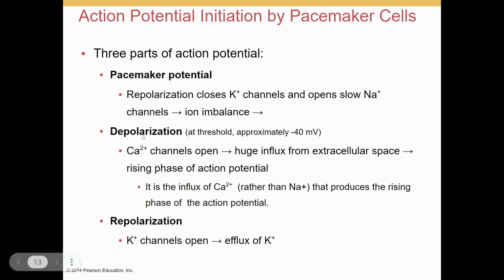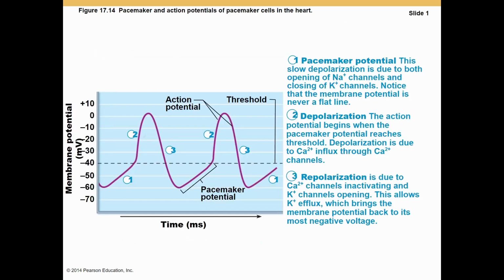Once threshold is met, we get depolarization, calcium channels open, and it's actually going to be a huge influx of calcium, not sodium, for the pacemaker cells that leads to the rising phase or depolarization for these particular non-contractile cells. And then repolarization is going to be more normal. We have to shut off the calcium channels and open potassium channels. And we'll get an efflux of potassium.